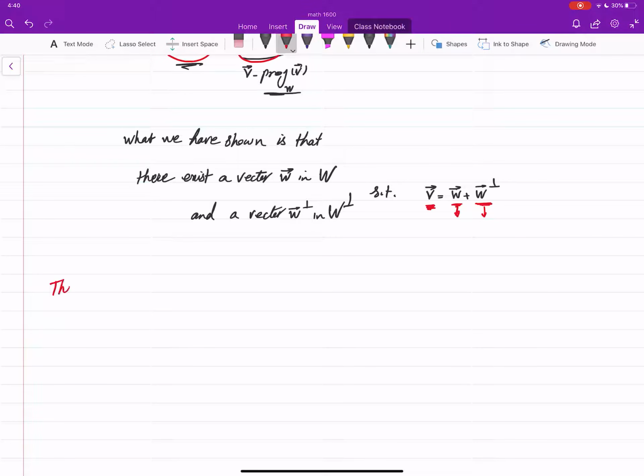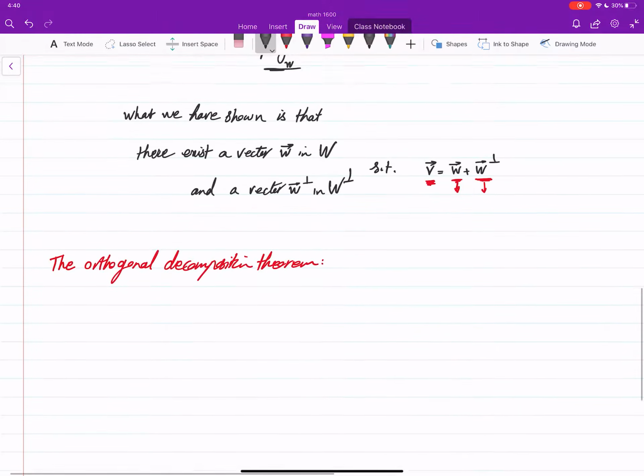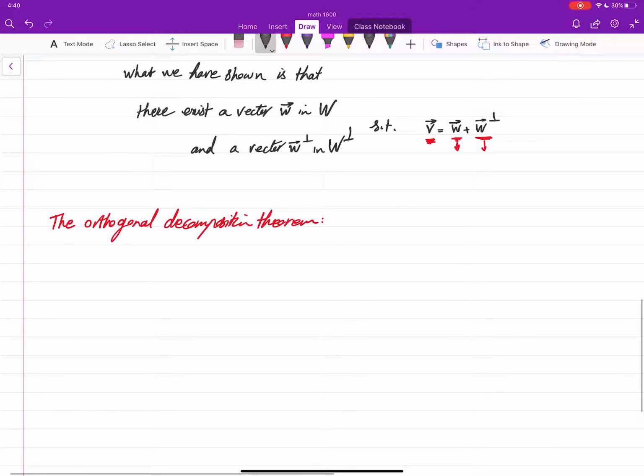The orthogonal decomposition theorem says that this decomposition is unique.